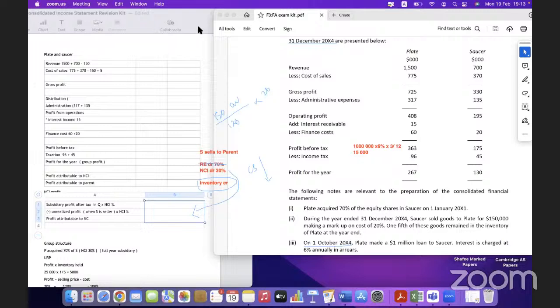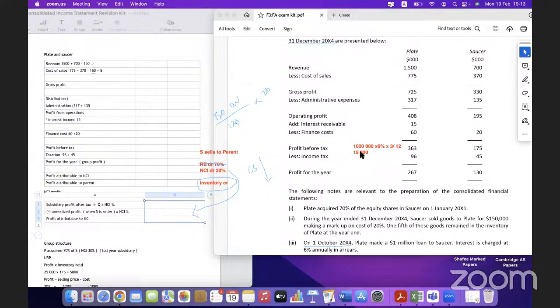Just like how we eliminate this sale and purchase, like this one and this one we are eliminating, no? Like that, this also should be eliminated. Now think and see in both points of view. Okay, now guys, see, Plate gave a loan. Understood?